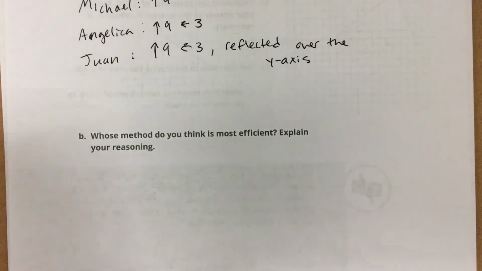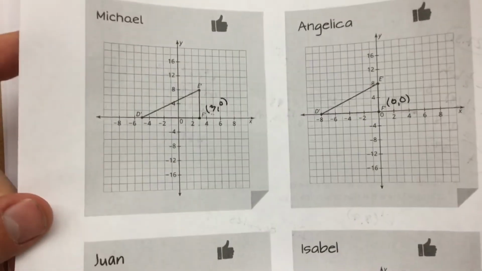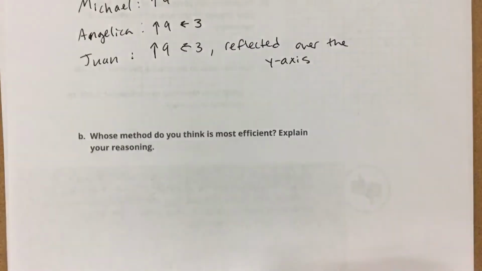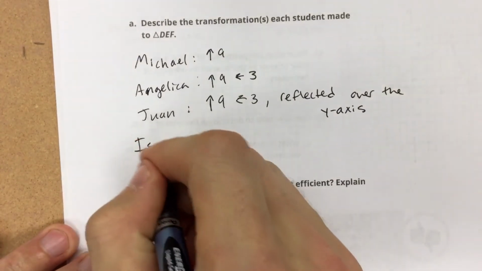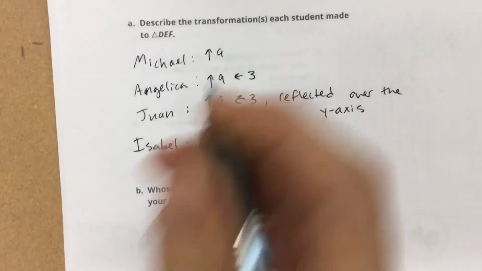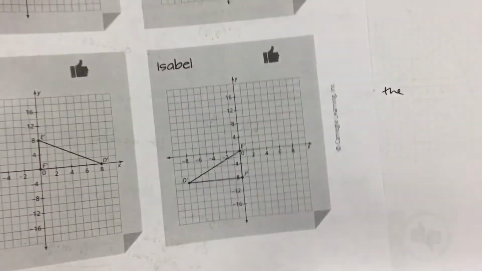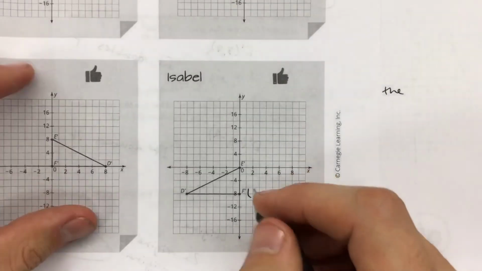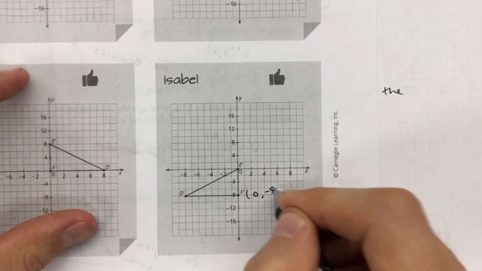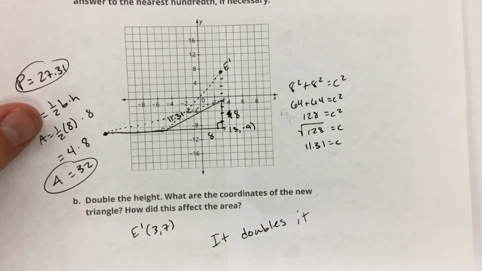If I were answering this, in Mr. McGill's humble opinion, I got these 4 triangles here. Oh shoot, we forgot to do Isabel, my bad. So Isabel, how did she change her triangle? If we look, her point F is at 0, -8. And again, the original point F was at 3, -9.